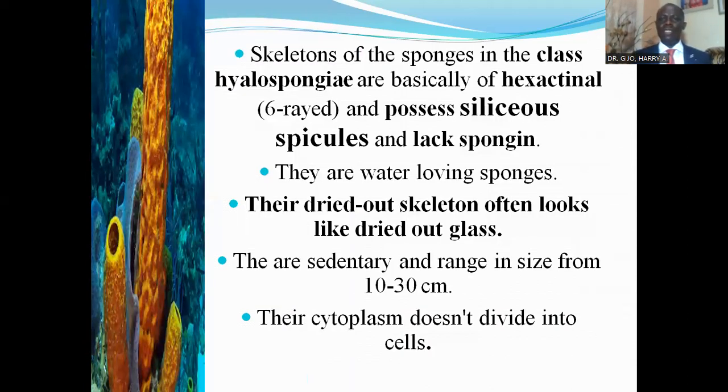Skeletons of the sponges in the class Hylospongea are basically hexactinal, that's six-rayed, and possess siliceous spicules and lack spongin. Unlike the Calcispongia, whose spicules are made of calcium carbonate, the skeleton of those in the class Hylospongea is made up of silicon.